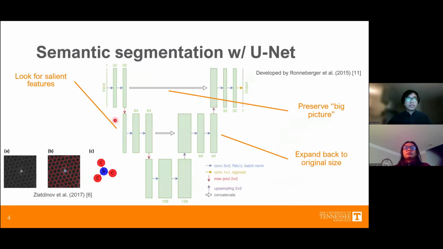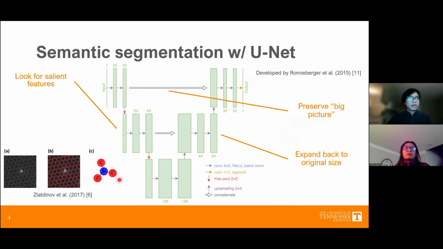So the UNet is the state of the art for semantic segmentation. There are improvements to the UNet that will be covered in the next slide, but essentially the UNet uses an encoder decoder structure to assign labels to each pixel of an image.